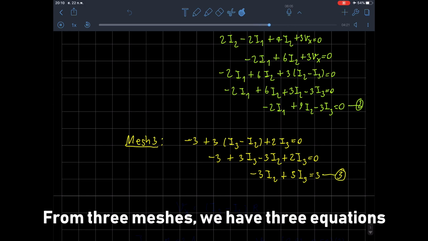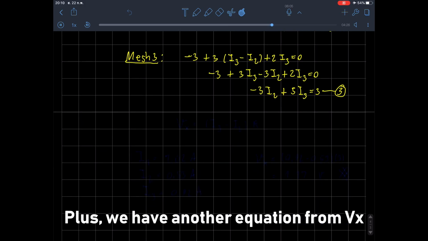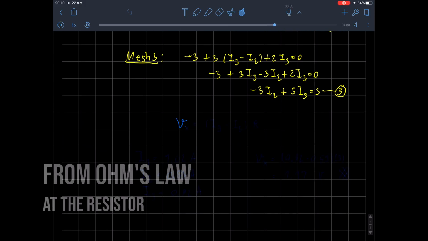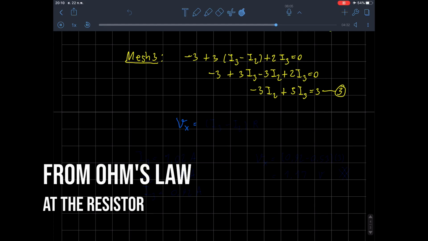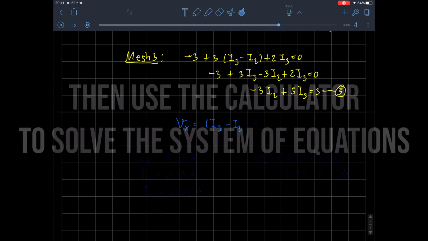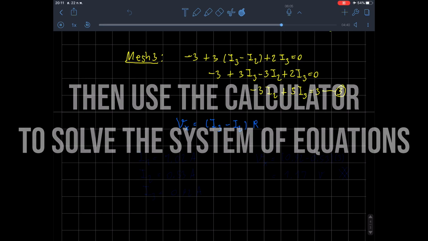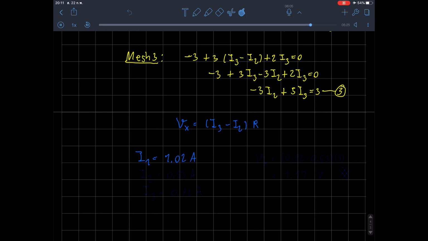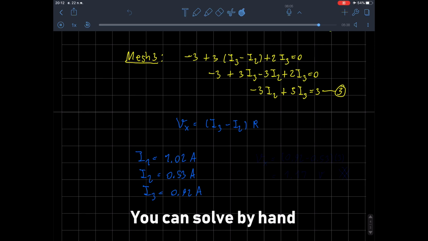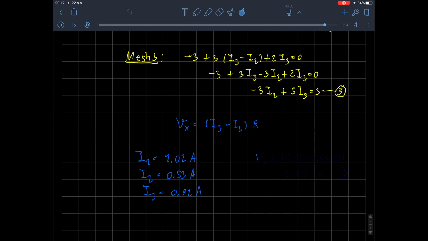From the three meshes we have three equations, plus we have another equation from Vx. You can solve by hand or use a calculator with system of equations support.